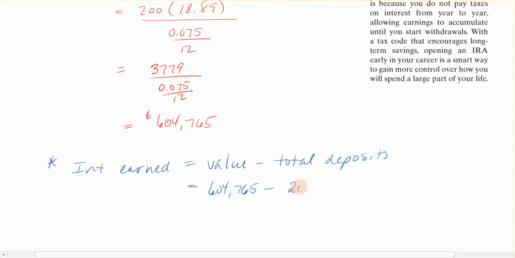I put in $200 a month, so that would be 200 times 12 times 40 years, because I did that for 40 years. When I do the subtraction, you'll find that the interest that you earned on the money you were depositing is $508,765, which is pretty impressive, because it's more than 5 times the amount of your initial contributions on your IRA.